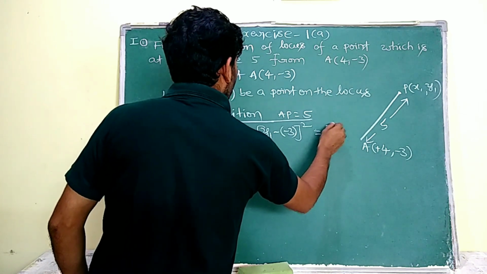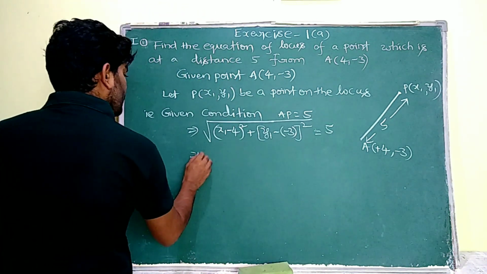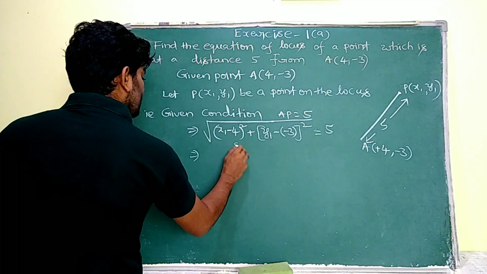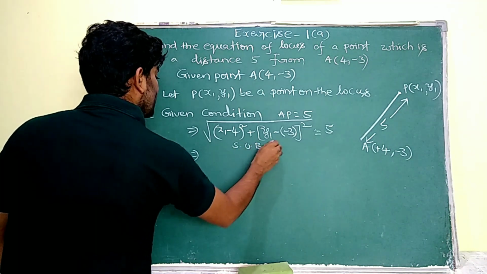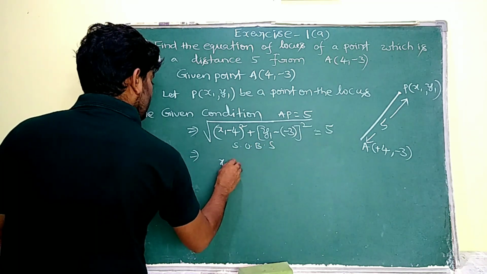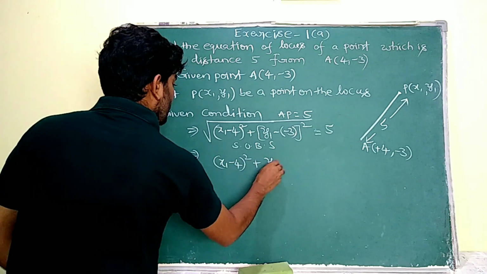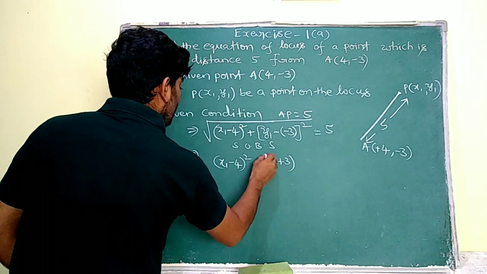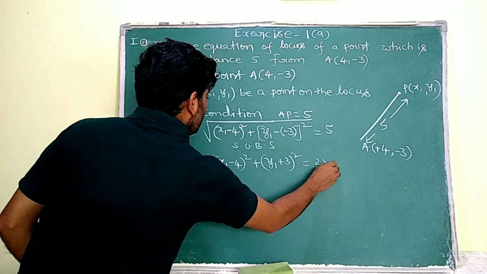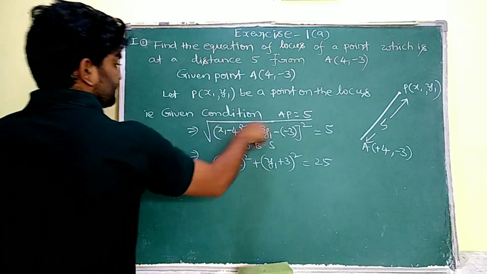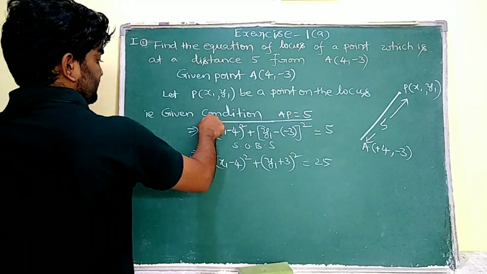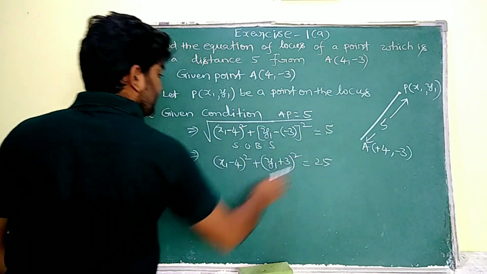is equal to 5. Now squaring on both sides. So now (x1 minus 4) whole square plus (y1 plus 3) whole square is equal to 25. Why? Because while doing square, the square and root are going to be cancelled. 5 square means 25.